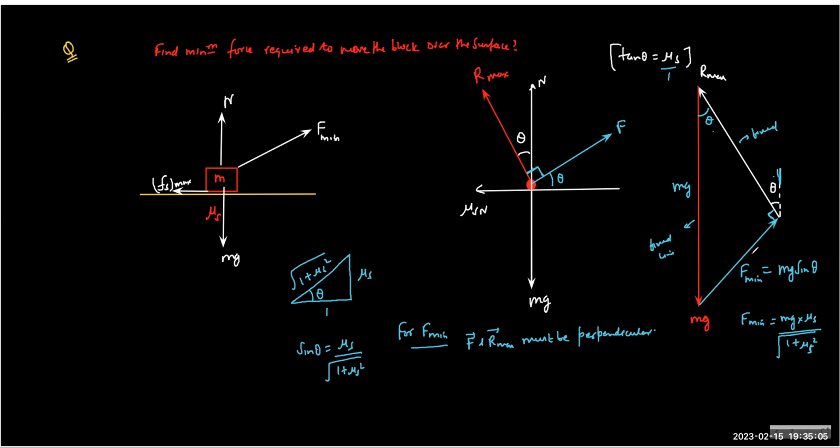So this idea of drawing the R max direction and mg, and because mg is a known quantity, we have to express the answer in terms of mg directly. Is it clear? So the minimum force required is mg sine theta, where theta is this angle, and you can get the answer.